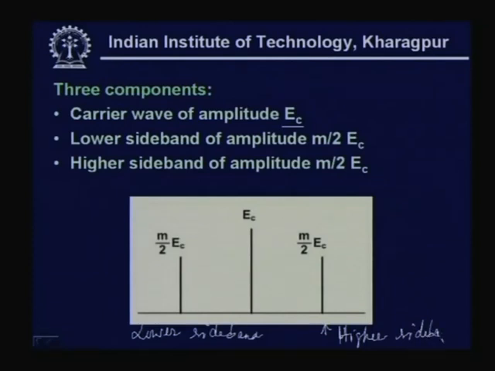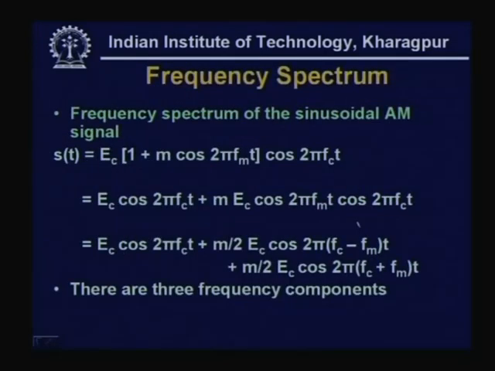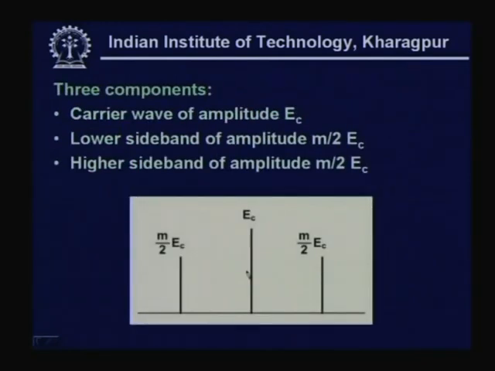So this higher sideband has an amplitude m by 2 Ec. So we see m by 2 Ec, Ec and m by 2 Ec, these are the 3 signals having different amplitudes: Ec cos 2π fc t, and m by 2 Ec cos 2π (fc minus fm) t, and so on. So these are the 3 frequency components. Obviously, these amplitudes depend on m, since m is the ratio of Em by Ec.